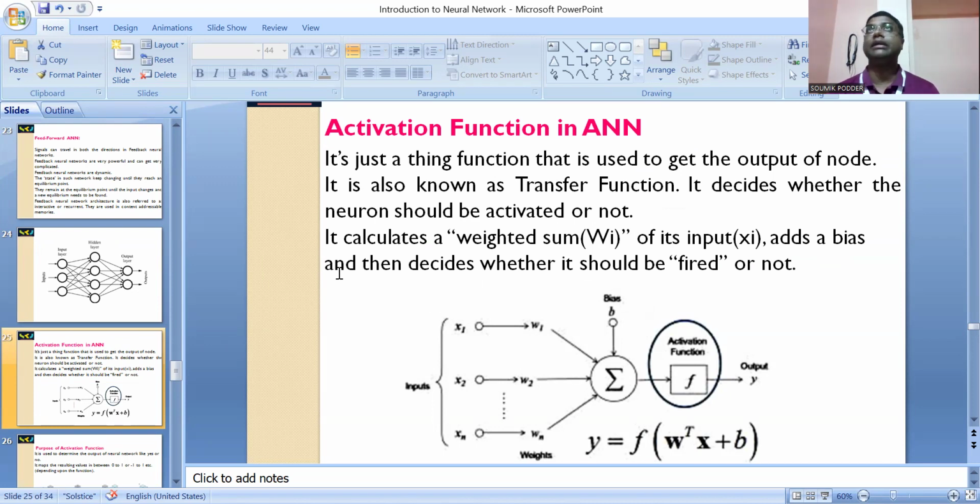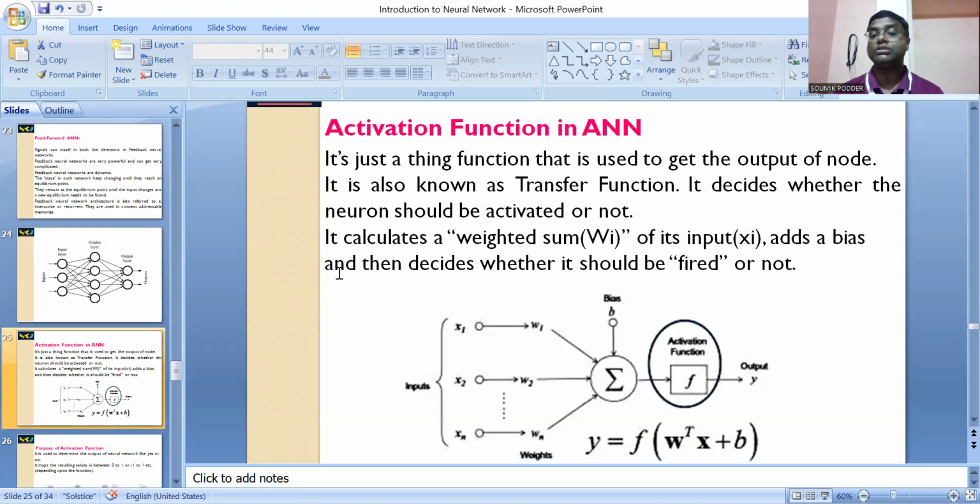This nonlinearity has a very significant contribution. We will discuss it in our next slides. But before going to the next slides, I would like to introduce the basic thing for the activation function. Here, after the bias value is provided, the activation function is now incorporated.